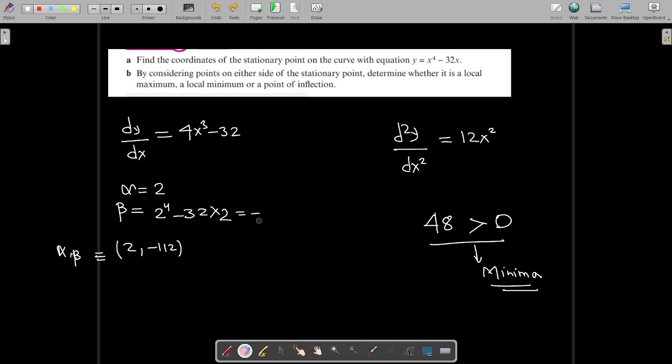I think you made a mistake, sir, because I got minus 48 as y. Anyways, minus 48 is the value of y. The value of y doesn't matter because here you only put in the value of x. So it's a minimum, it should be a minimum.